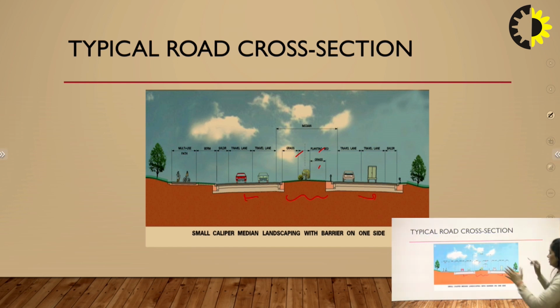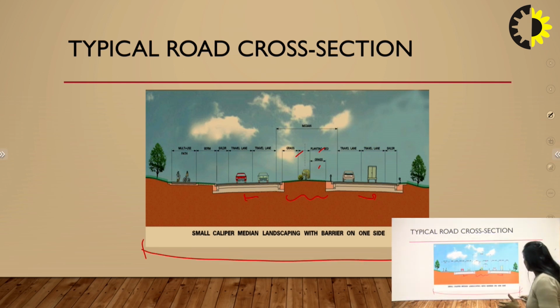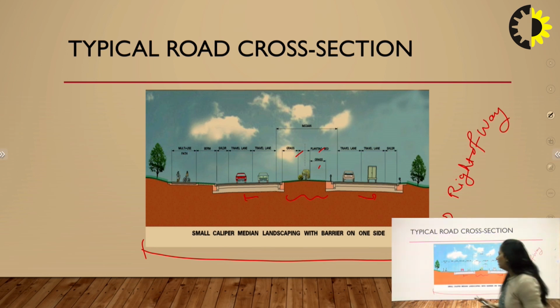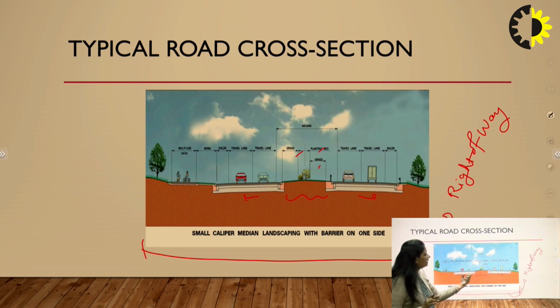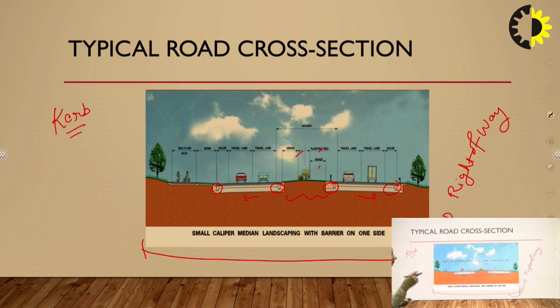We are talking about this in between the right of way. This complete width must be called the right of way for this particular project. Here there is one lane, there's another lane, and on this side you can see the curb, this is a submerged curb. What this curb is, we'll discuss further.